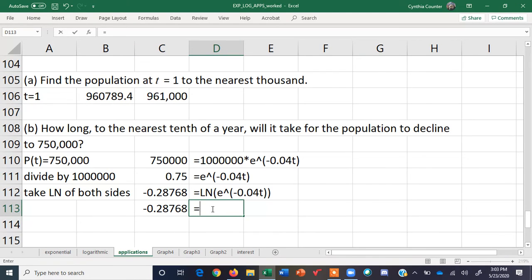So we're just left with negative 0.04t. And now to solve for t, all we need to do is divide by the negative 0.04.